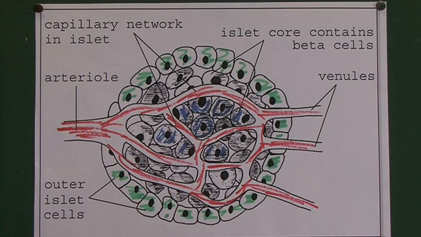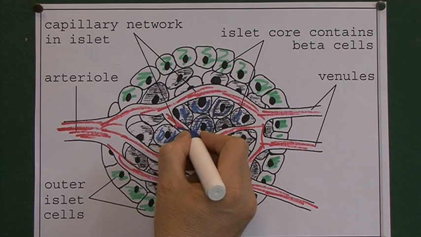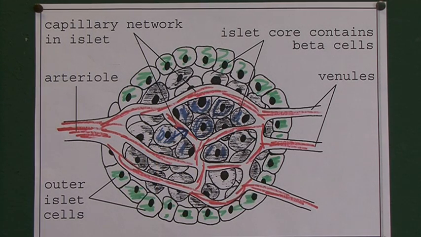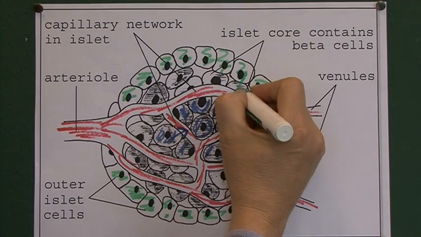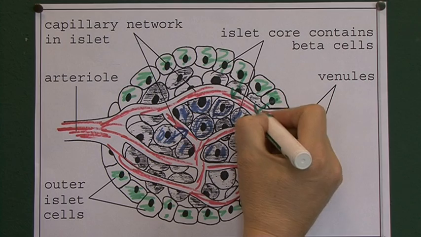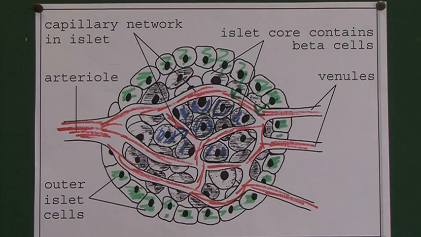So as the insulin is formed, it can pass straight into the bloodstream. As the glucagon is formed, it can pass straight into the bloodstream as well. So it can regulate the amount of glucose in the blood by their combined actions.